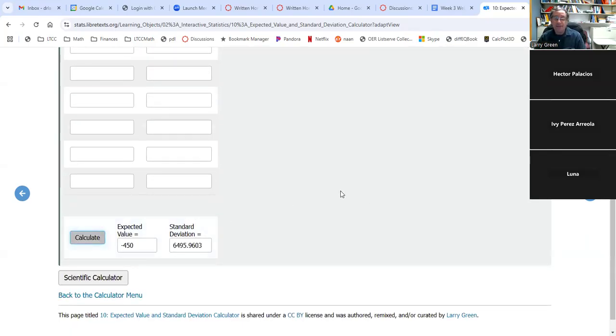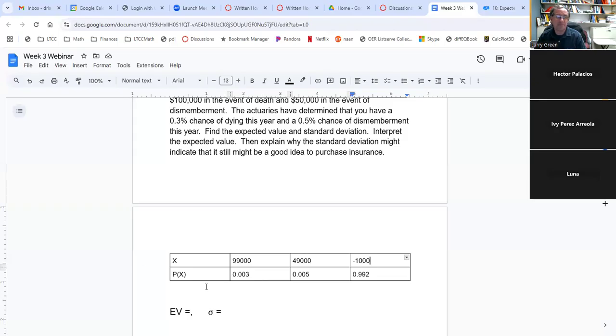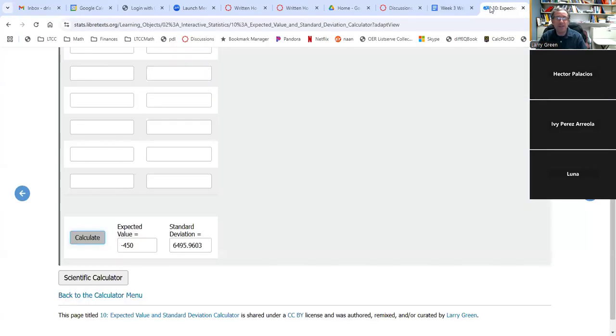And hit calculate. My expected value is -$450. And the standard deviation was, I'm going to go to the nearest dollar, $6,496.